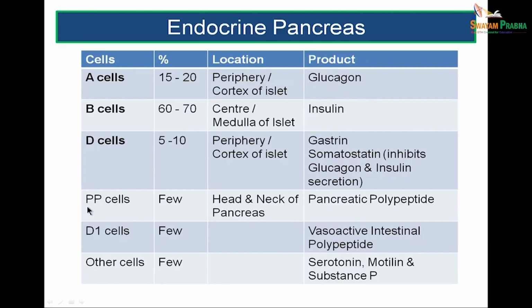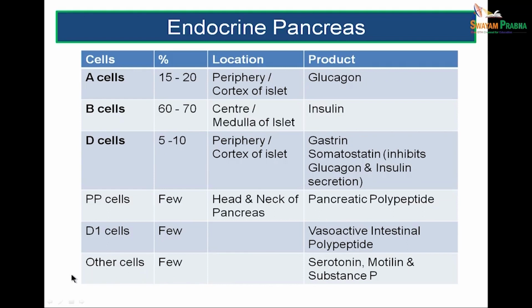The PP cells or pancreatic polypeptide cells are very few. In the head and neck of pancreas, they secrete pancreatic polypeptide. The D1 cells again are very few and they secrete the vasoactive intestinal polypeptide.